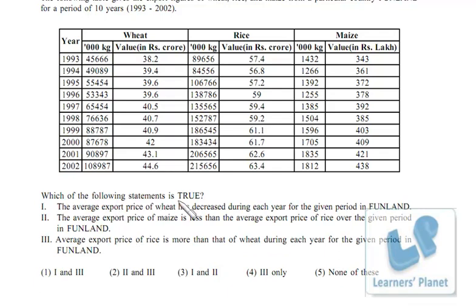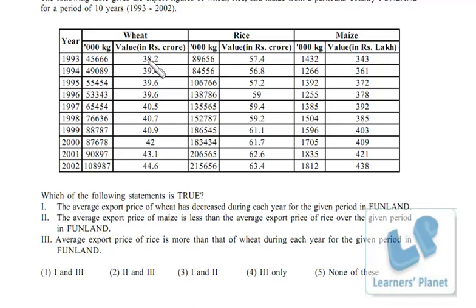Which of the following statements is true? The average export price of wheat has decreased during each year for the given period in Finland. Export price of wheat. Price must be value by quantity.